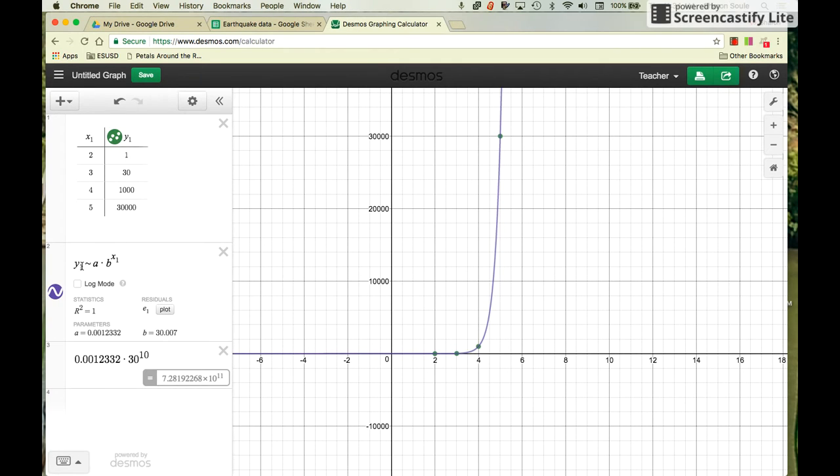Then I performed regression by using the values on the table and saying, okay, I think y1 is related to x1 as an exponential equation. So it's a times b to the x1. And then the Desmos calculator did the work for me after that.